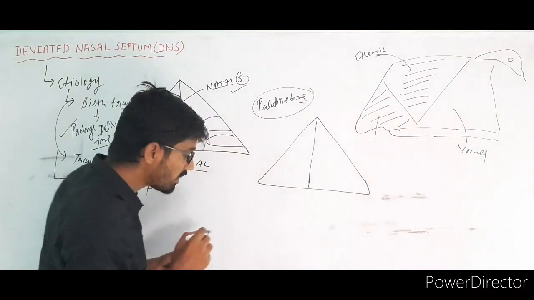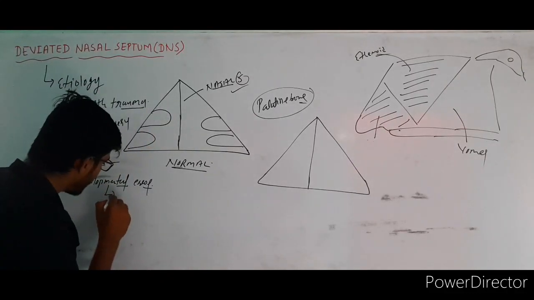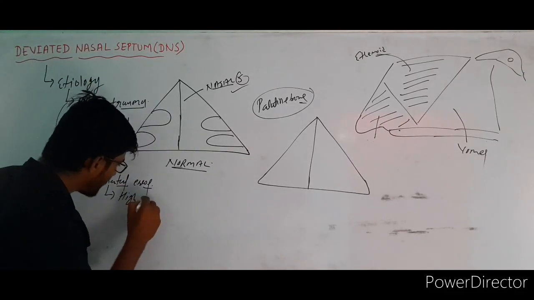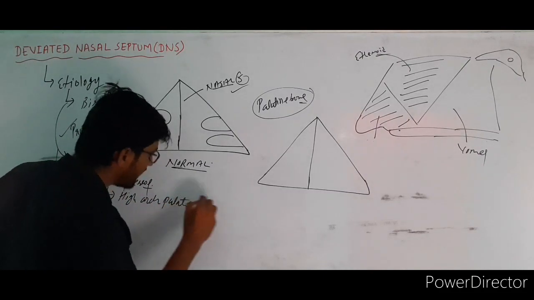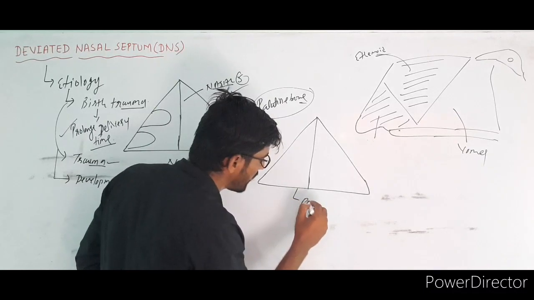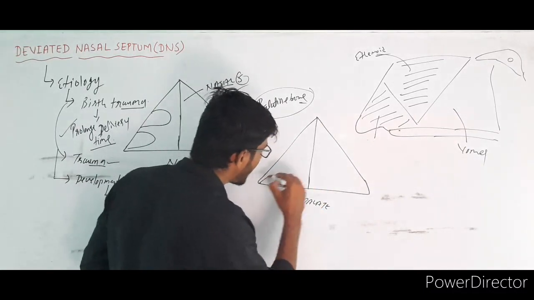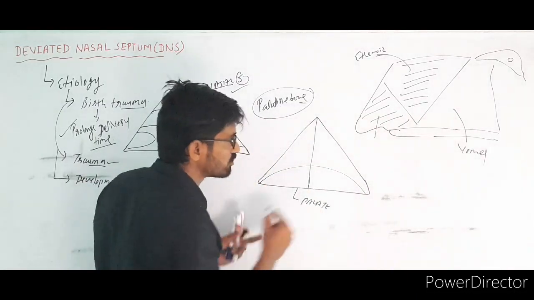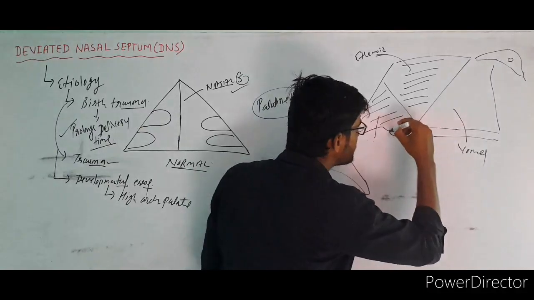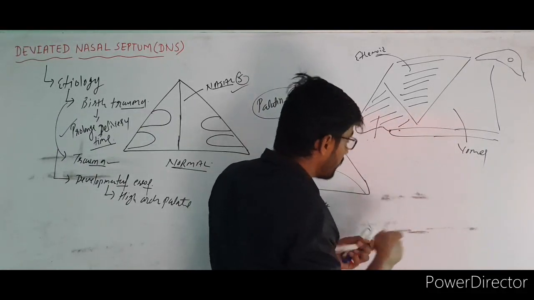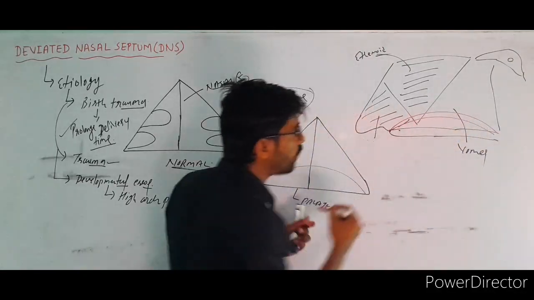What will happen if there is a high arch? So developmental error, I want to write first, high arch palate. Now, this is the normal palate. If it is a high arch palate, what will happen?